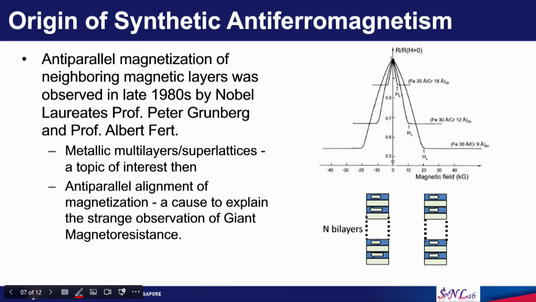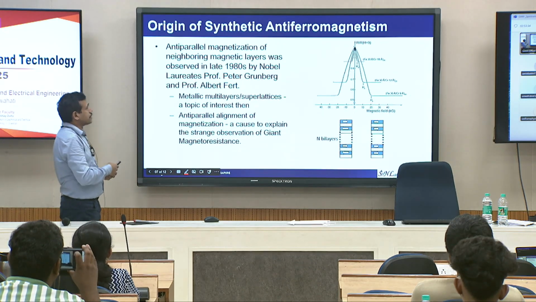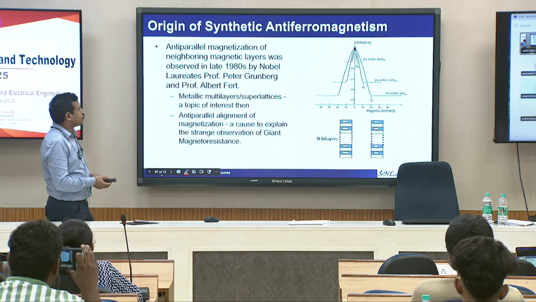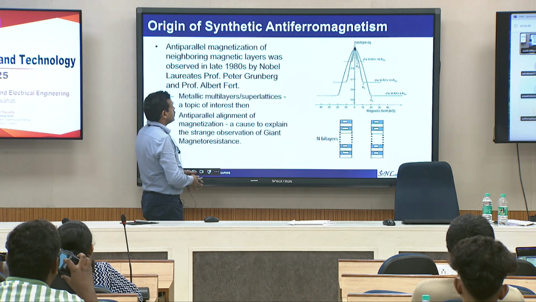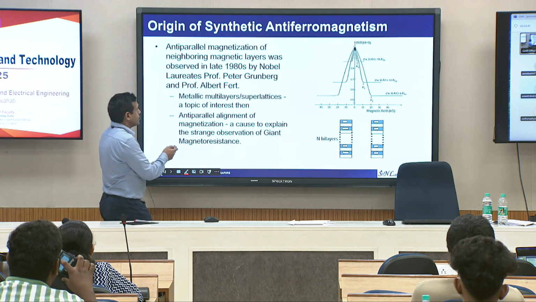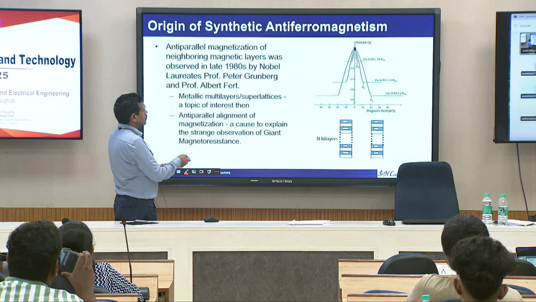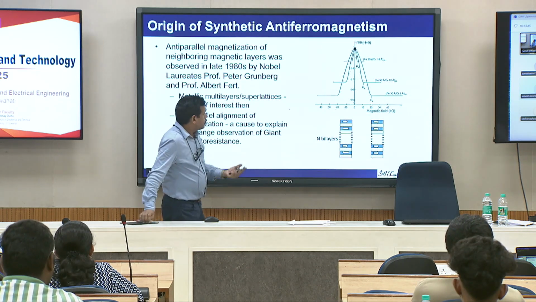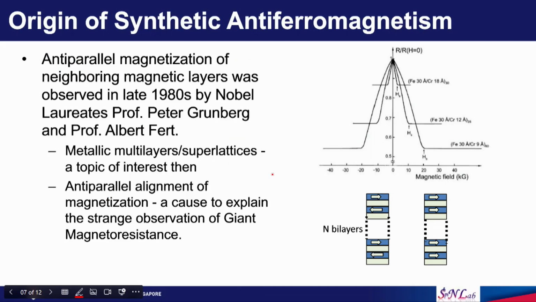Okay, so as I mentioned a few minutes ago, the origin of synthetic antiferromagnetism starts from the discovery of giant magnetoresistance. The discovery by Albert Fert's group found that at 0 field, the two iron layers have antiparallel magnetization, but when they apply a sufficiently large magnetic field, they can force them to be in the same direction.